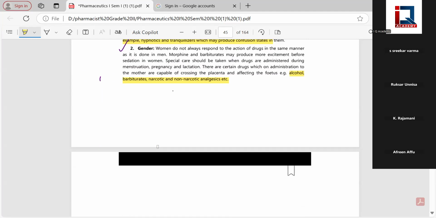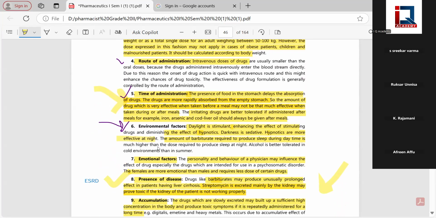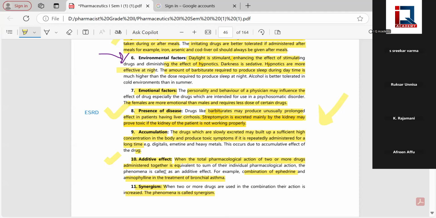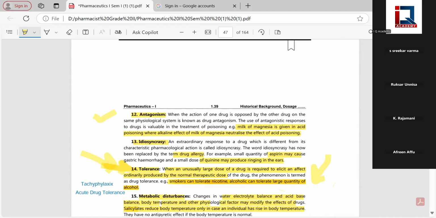Age, gender, body weight, route of administration, time of administration, environmental factor, emotional factor, presence of disease, accumulation of drug, additive effect, synergistic effect, antagonism, idiosyncrasy, tachyphylaxis, acute drug tolerance, and metabolic disturbances.